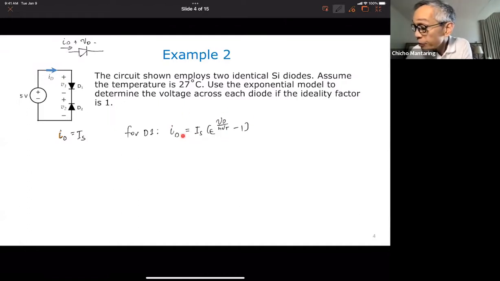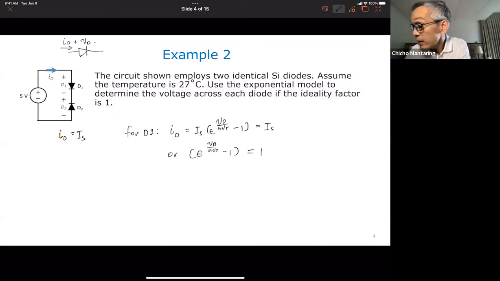Okay, but what is I_D? We already said that I_D is equal to I_S. Right? So this is actually equal to I_S, or e to the V_D over N V_T minus 1 is equal to 1.